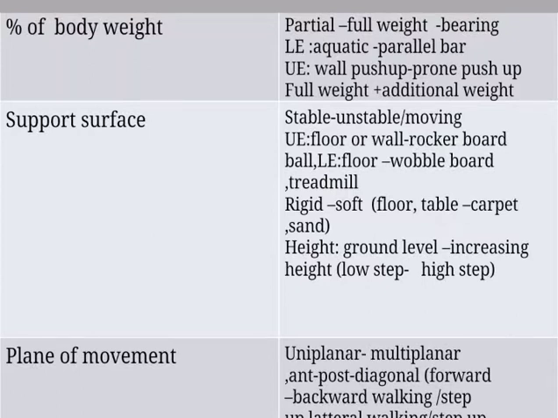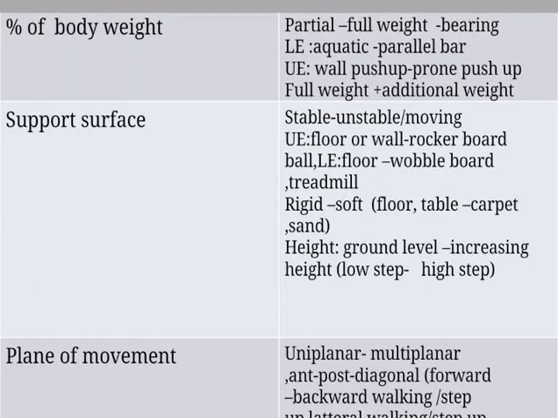Like for the upper extremity, we can use first the floor or wall, then we progress to a rocker board. In the lower extremity, first we start from the floor, then we progress to a wobble board, treadmill, and so on. First we start with a rigid floor, then you go for a soft floor, because the soft floor needs more balance or more stability as compared to a rigid floor.